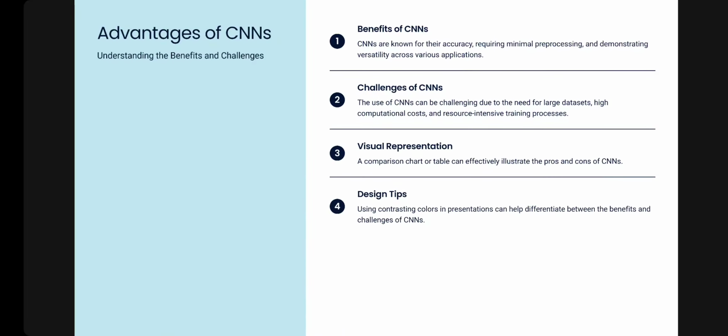Then what are the advantages of CNN? CNN has actually benefited a lot of people, with a lot of advantages. Like I told you about the oil spill project, where you can differentiate the textures in the ocean water and oil, because oil floats on the surface.